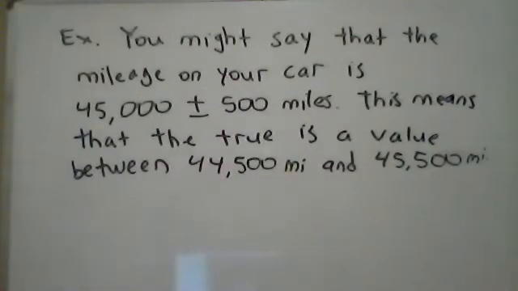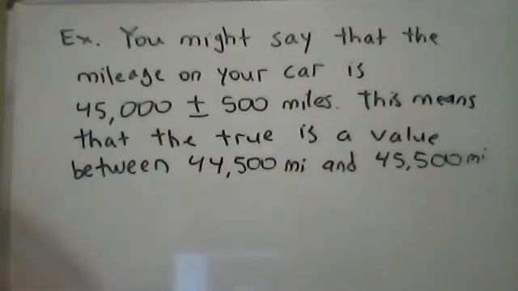So that's your uncertainty. If I knew exactly what my mileage was, let's say it was spot on 45,000, I would tell you it's 45,000. But the fact is, I don't really know, so I give it an uncertainty of 500 miles. I have great confidence that it's somewhere between 44,500 and 45,500.